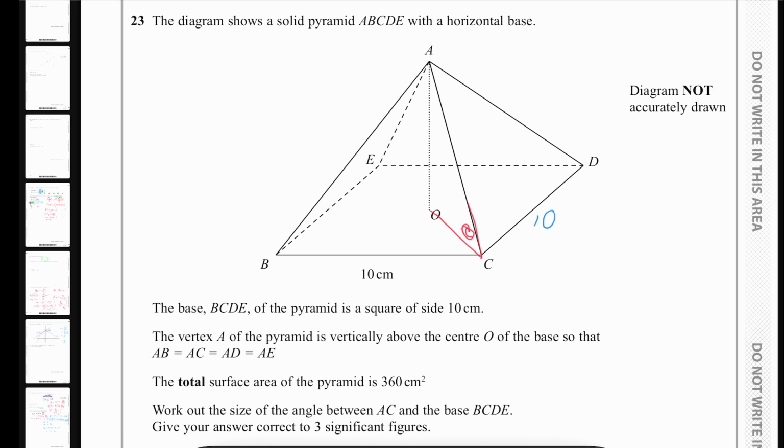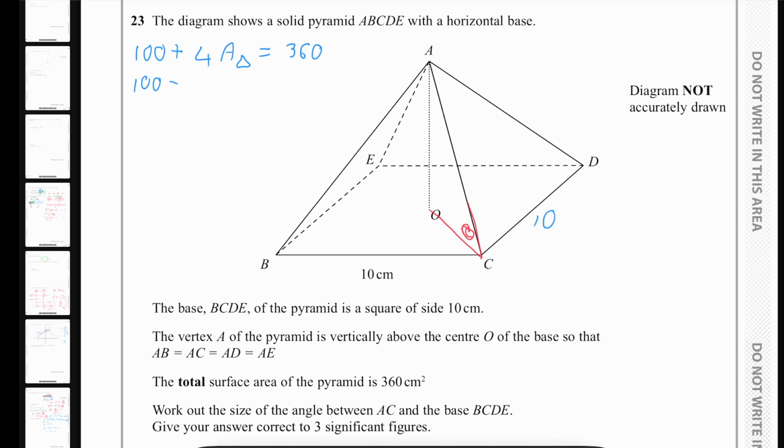Okay. Total surface area of my entire shape will be a combination of my base, so the surface area of that, plus all of these triangles. So my base, 10 by 10, which is 100, plus the area of my 4 triangles, and that will come together to give me 360.